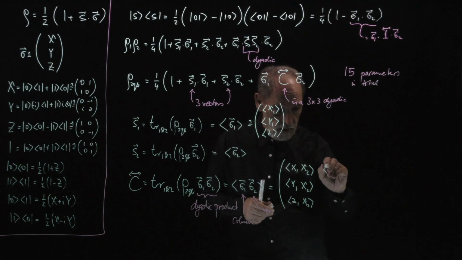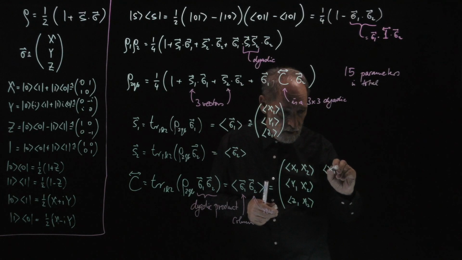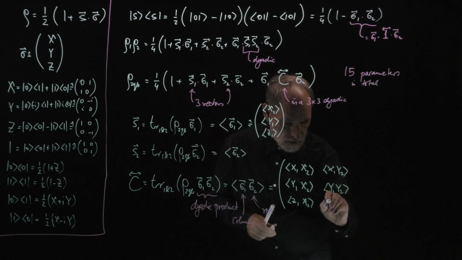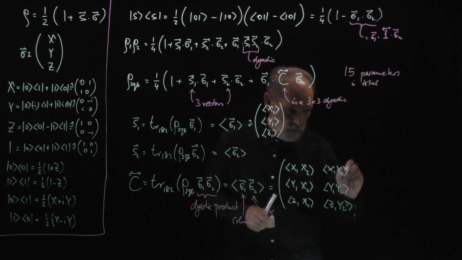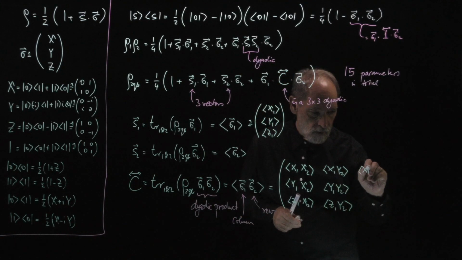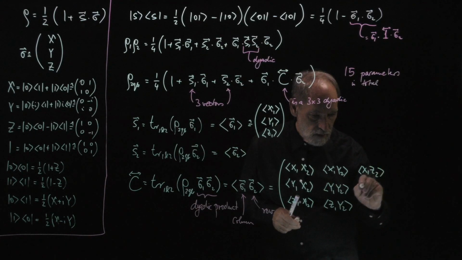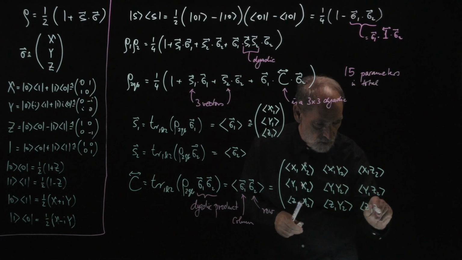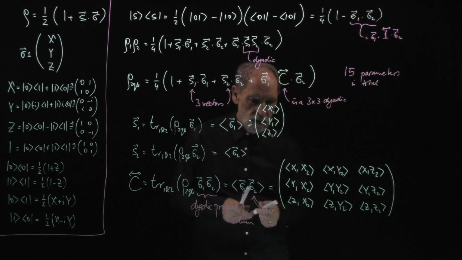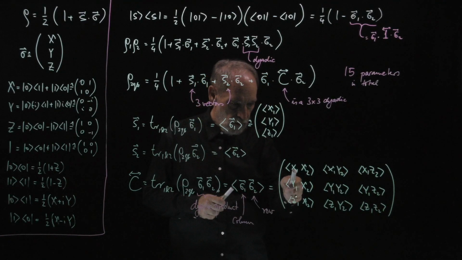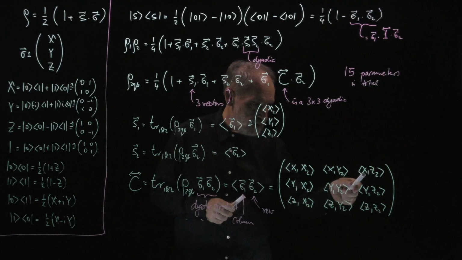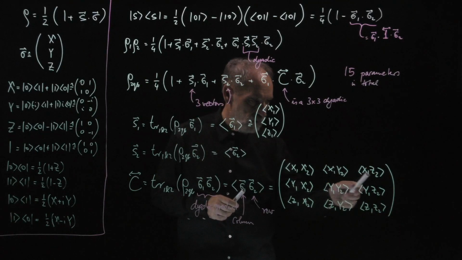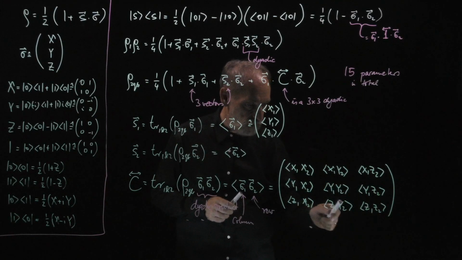And then the next column has x1 y2, y1 y2, and finally z1 y2. And for the last column, we have x1 z2, we have y1 z2, and we have z1 z2. So as you can see, the sigma 1 is a column x1, y1, z1, and the sigma 2 is written as a row, x2, y2, z2.